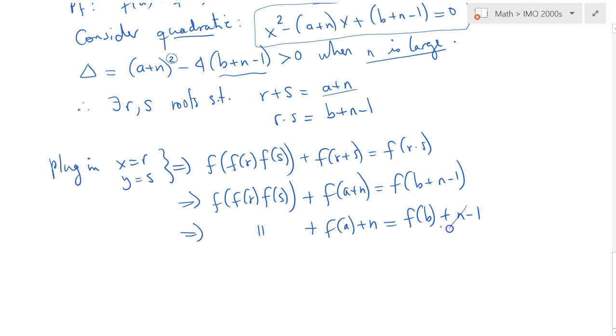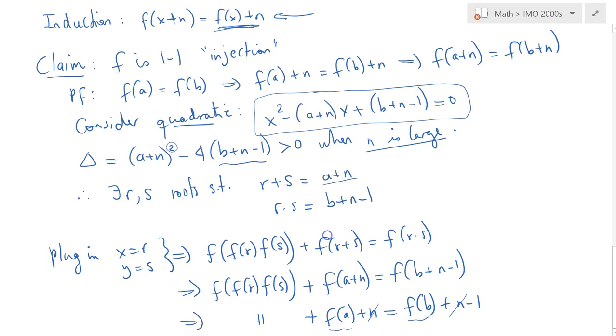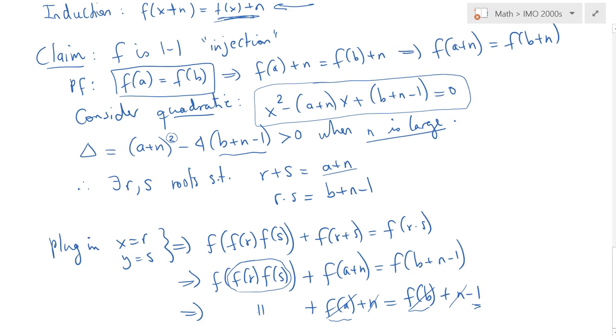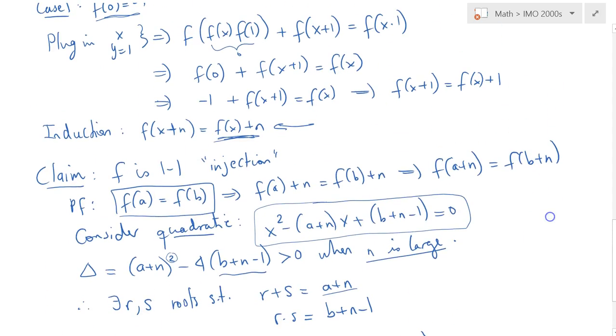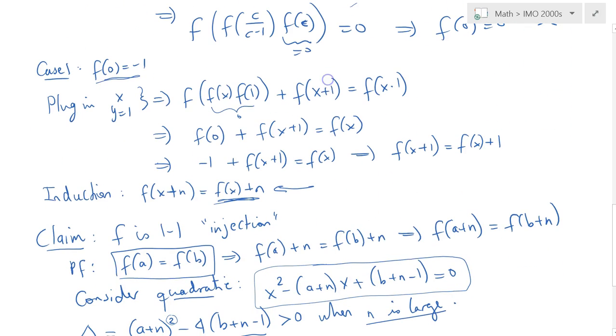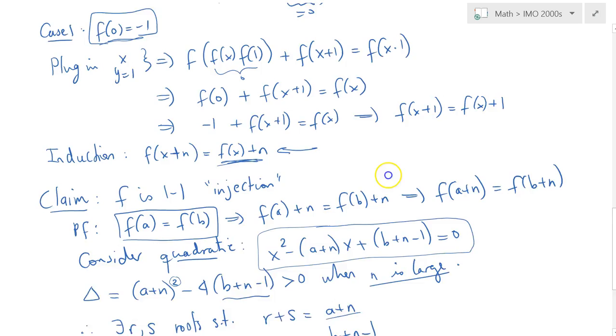Now we can cancel out the n's, and we can as well cancel out f of a and f of b, because that was the beginning assumption here. So we would finally get f of the expression inside equal to minus 1. Recall that we are in the case f of 0 is equal to minus 1.